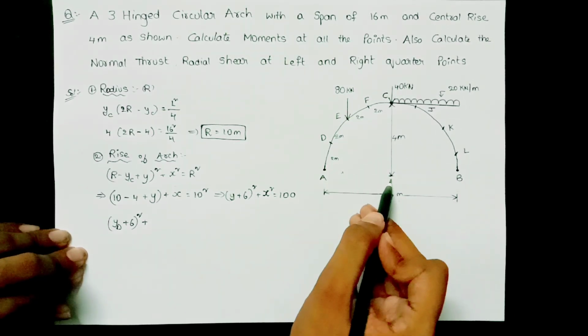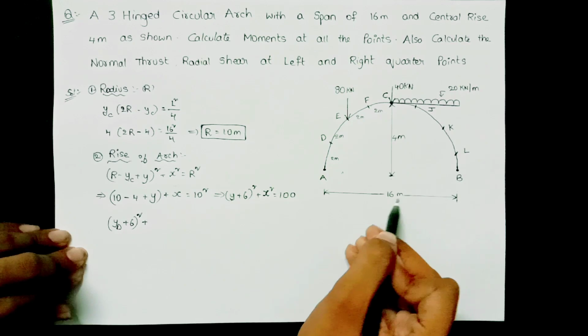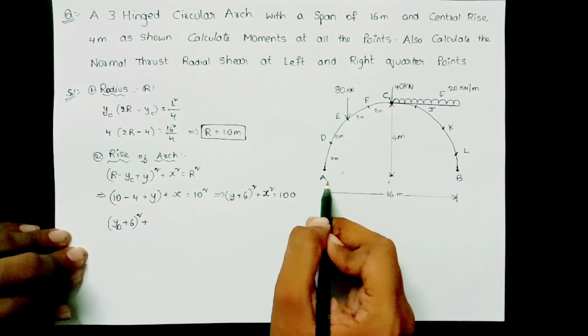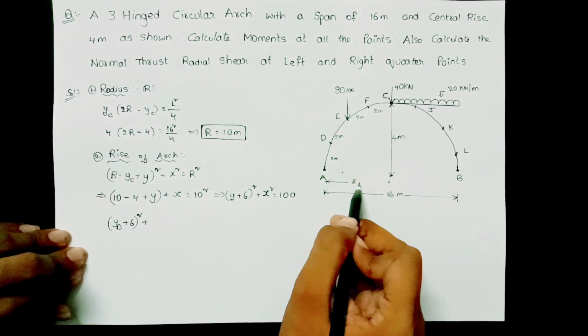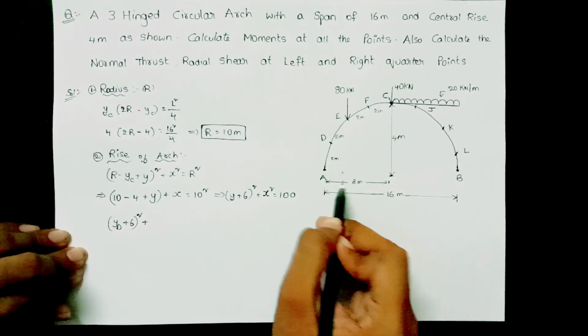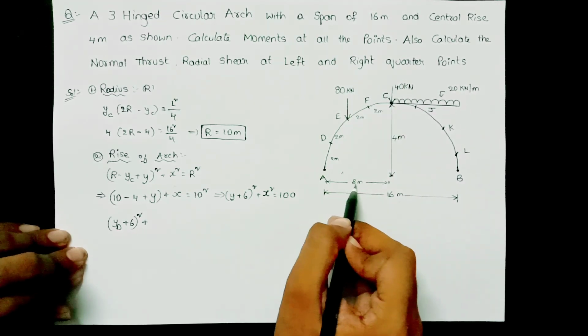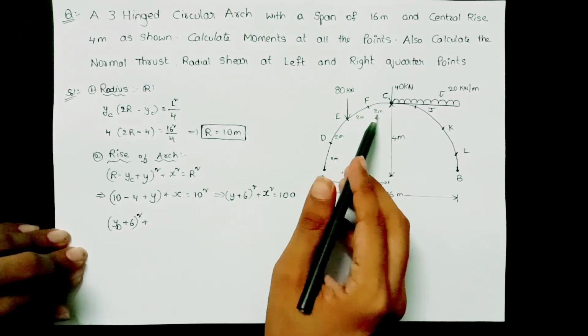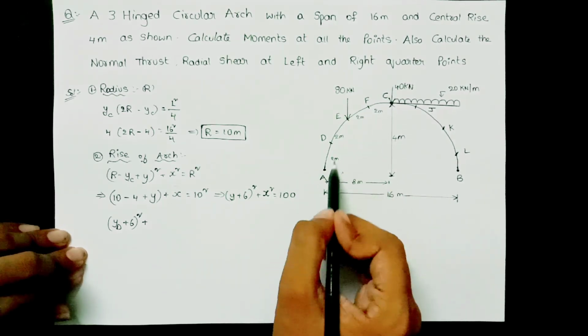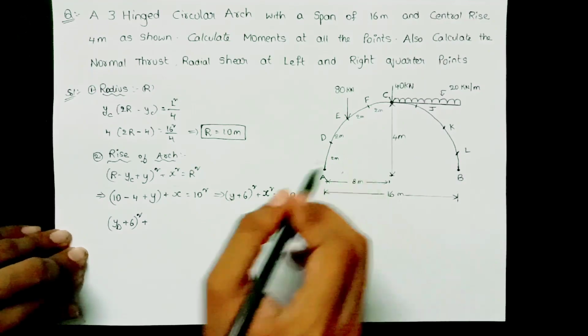Since the span is 16 meters, the half span will be 8 meters, 16 by 2. 2 plus 2 plus 2 plus 2, 2 fours 8. So each and every point is equidistant from the next.